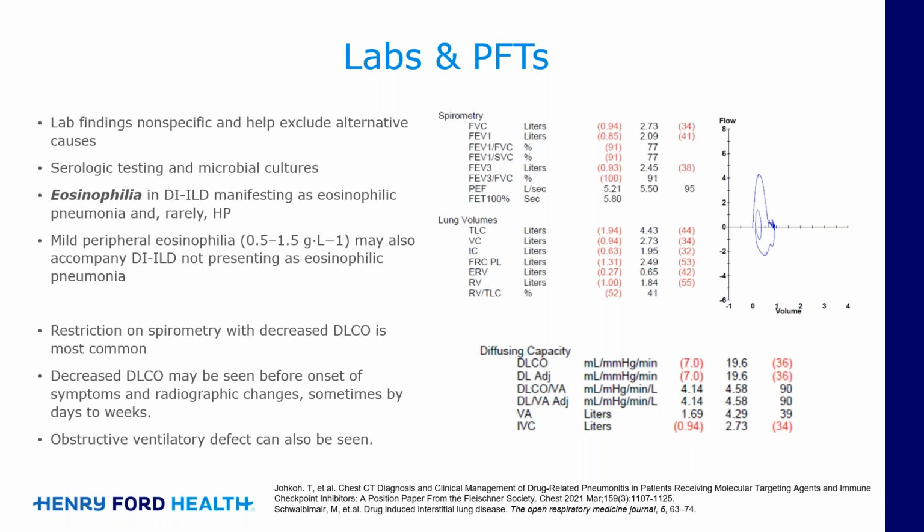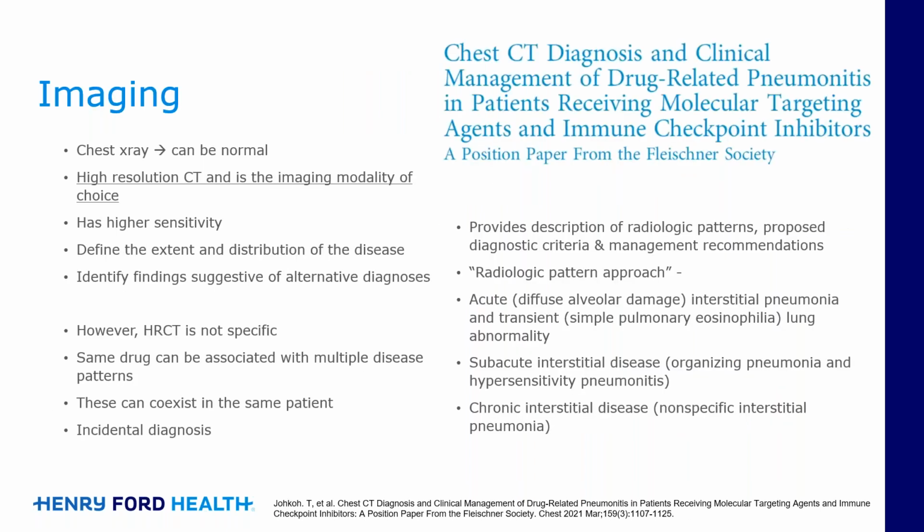On PFTs, restriction is the most commonly reported abnormality with decreased diffusion capacity, and decreased diffusion can sometimes predate restriction on spirometry. So you can have decreased DLCO as one of the most initial changes, sometimes even before radiological changes appear, and sometimes obstruction can also be seen.